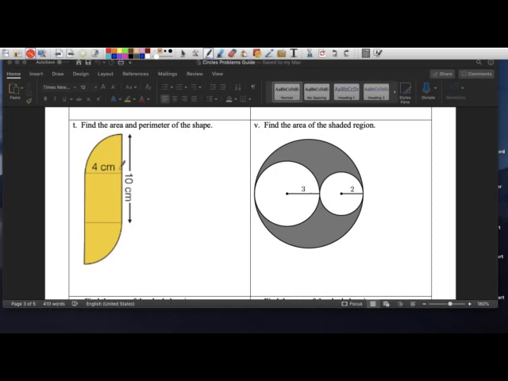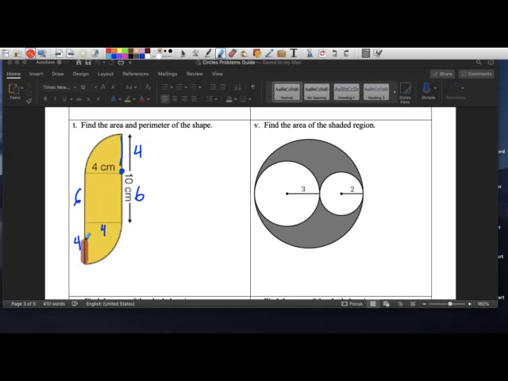So here's 4. This is the radius. Again, imagine this is the center of the circle. So this is 4. Guess what? This part right here is also 4. And if that's 4, it makes this bottom part 6. So now this is 4, that's 6, and this is 6, this is 4, and this is 4. Now let's find the distance around this.